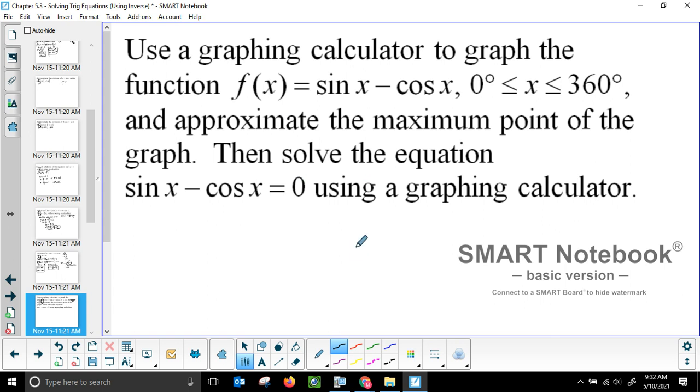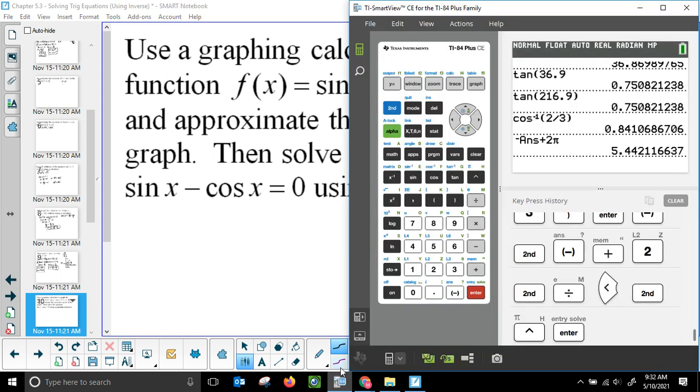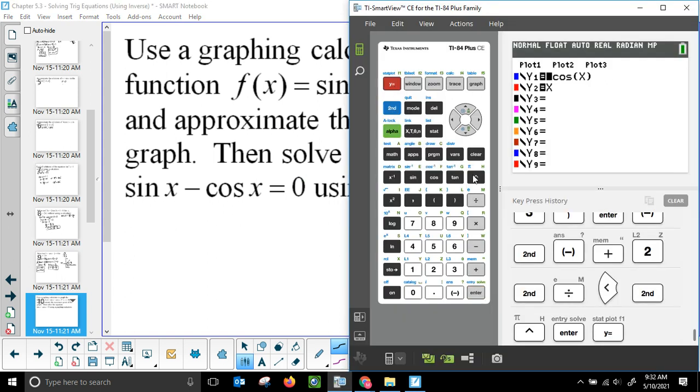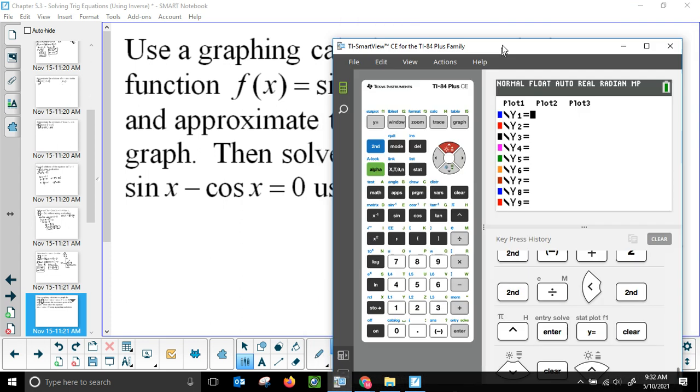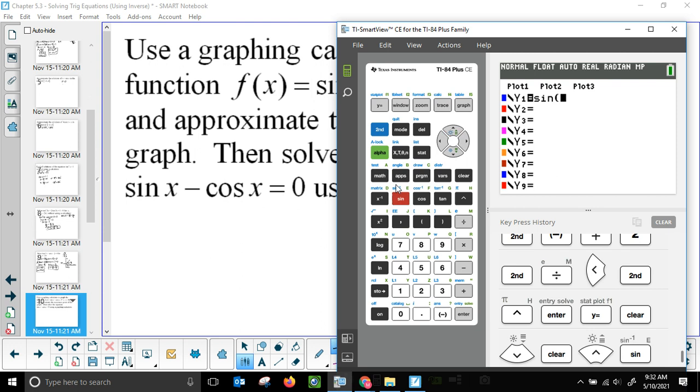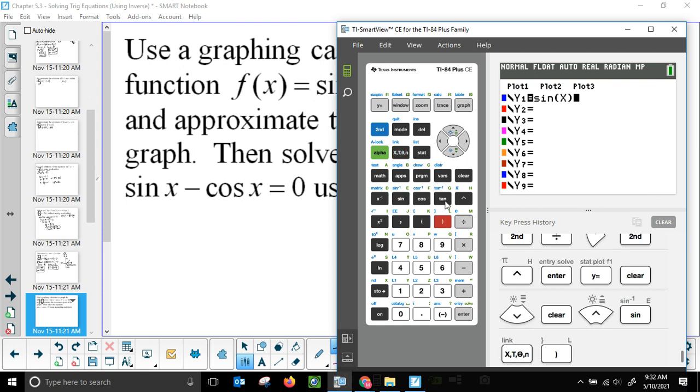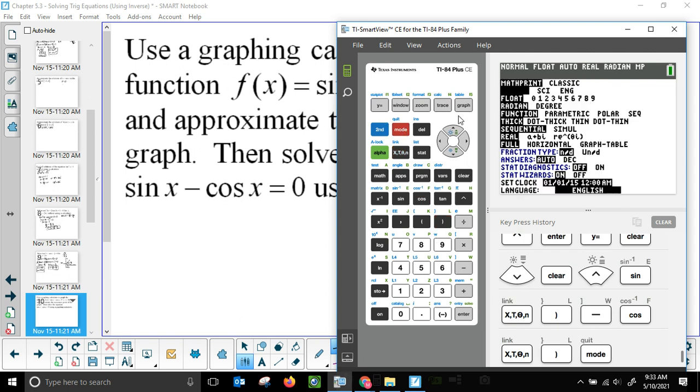Okay, so again, calculator shouldn't take too terribly long here. So we go into our y equals. We can just do sine of x minus cosine of x. It tells us to look, first of all, we need to be in degree mode.